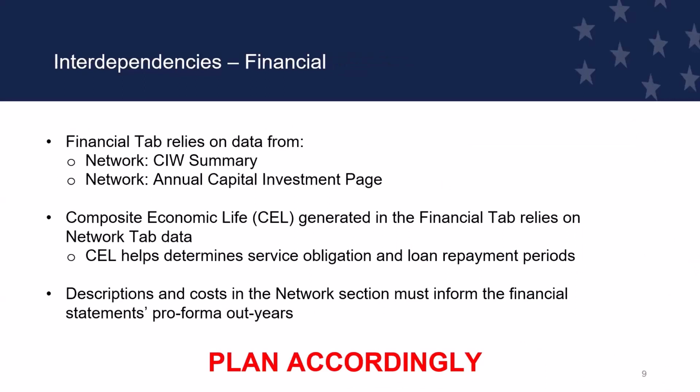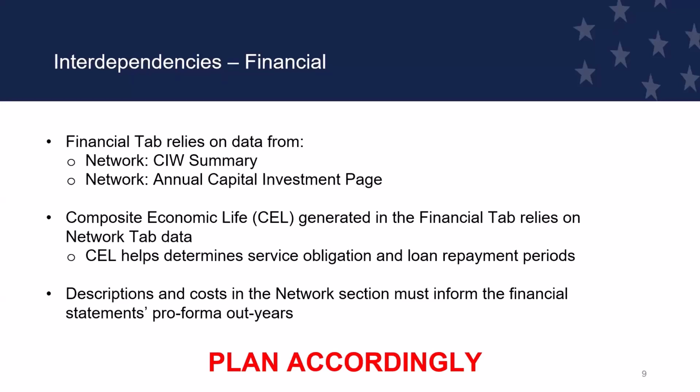Again, plan accordingly. Like I said, the financial tab relies on data from the Construction Investment Workbook, CIW. It also depends on information from the capital investment page. Your composite economic life determines your obligation and your loan repayment period.